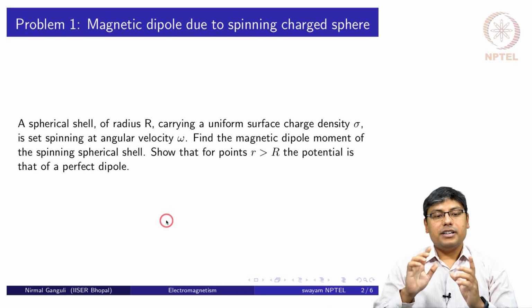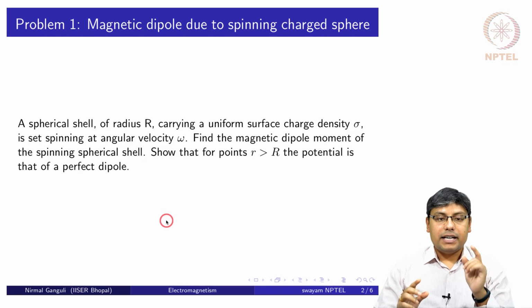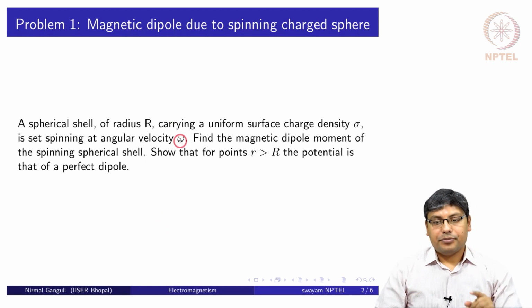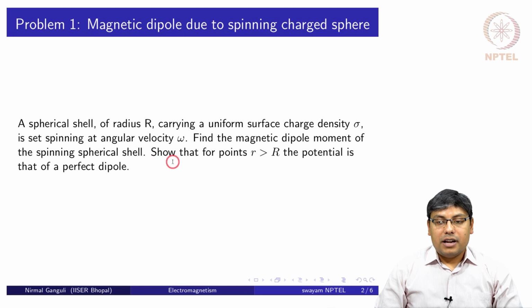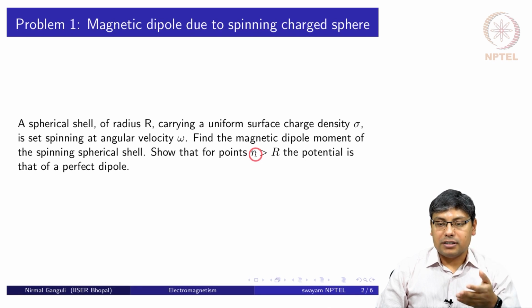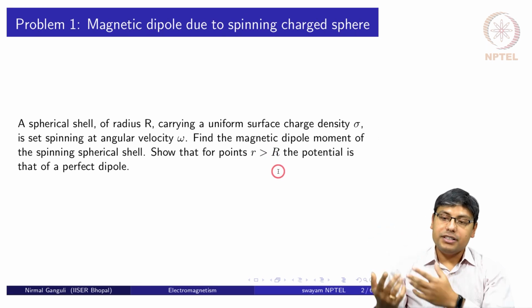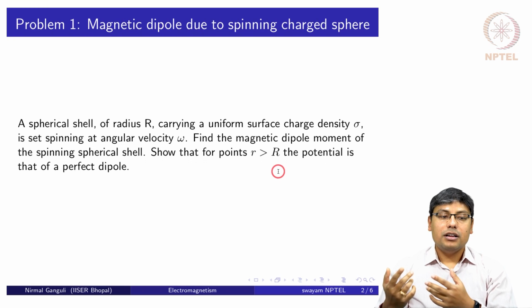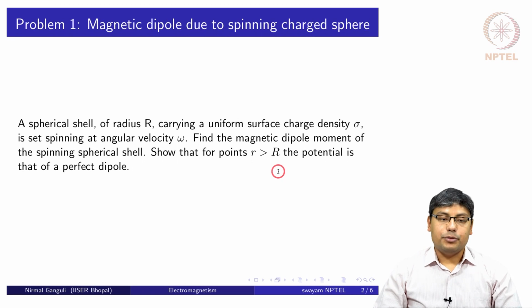Now this sphere is set spinning the way Earth spins about its axis at an angular velocity omega, and you are supposed to find the magnetic dipole moment of this spinning spherical shell, and show that for points with small r, the usual spherical coordinate r, greater than the radius, that means a point outside the sphere, the potential for this spinning sphere is that of a perfect dipole.